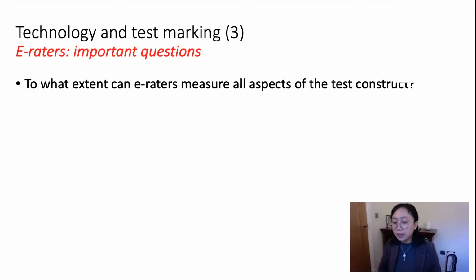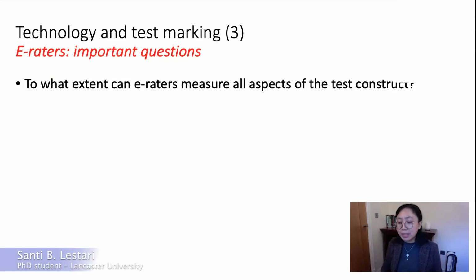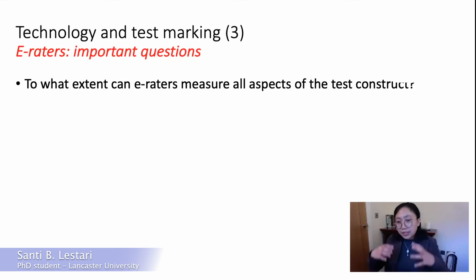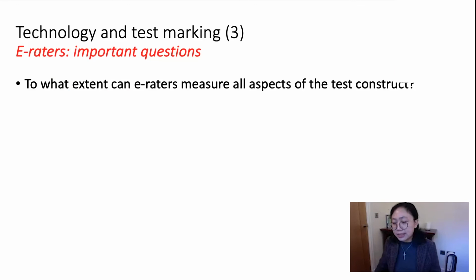So, for example, if you have an academic essay writing task, and you use e-raters, of course, e-raters are able to assess areas like grammatical accuracy, right? Machines can be taught to detect grammar mistakes.